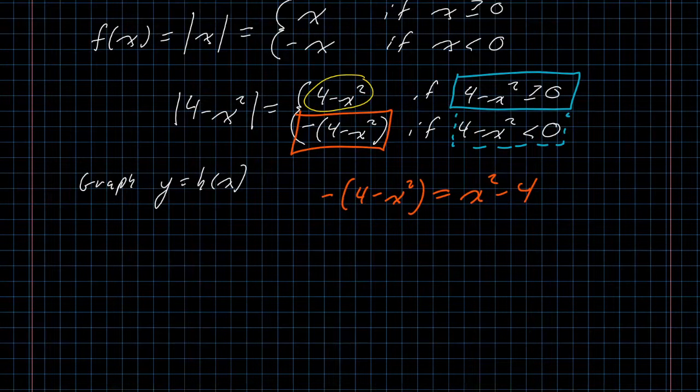To solve a nonlinear inequality you've probably learned in the past, ignore the inequality symbol and set it up as an equality. Solve that equality. And then plot those points on a number line.